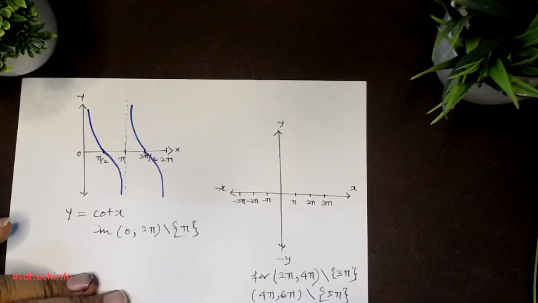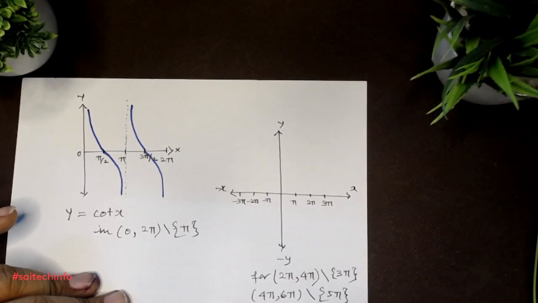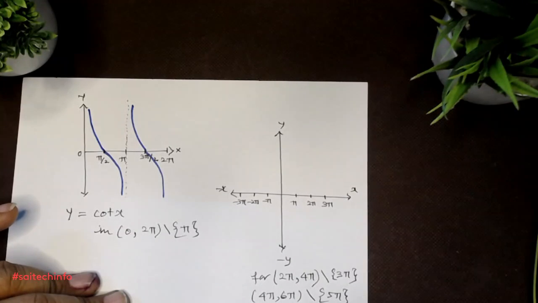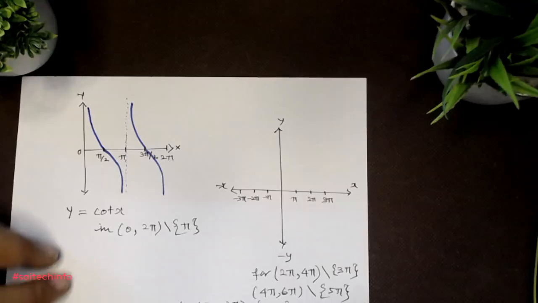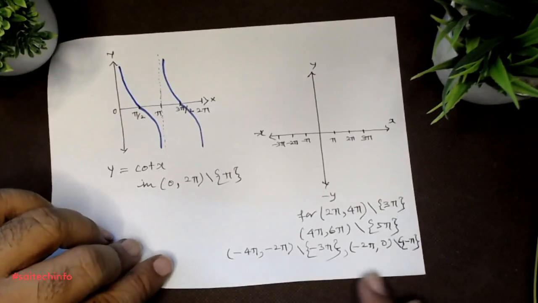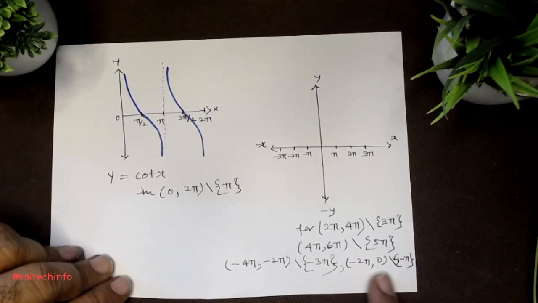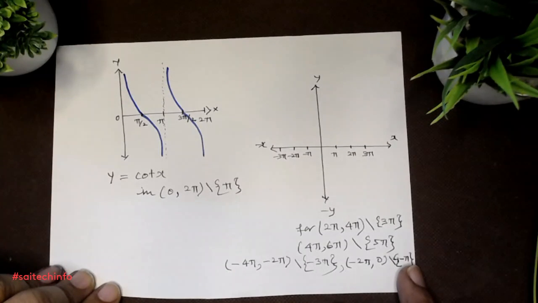And can you tell me for 2 pi? So you have minus 2 pi and 0, excluding pi. Got it? That is minus pi. Okay? Excluding minus 2 pi, 0 and excluding 2 pi, 0, excluding minus pi.